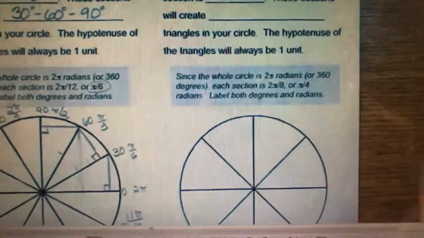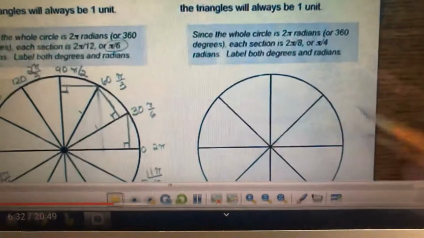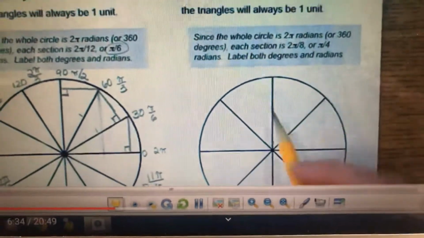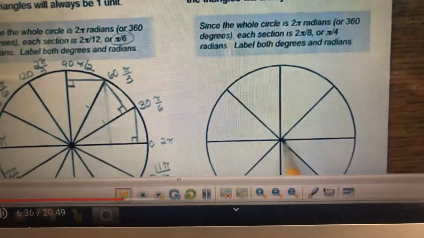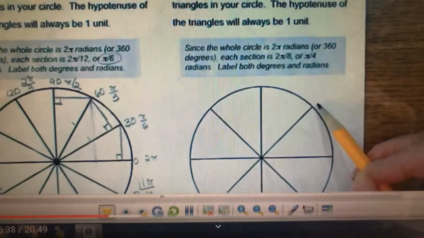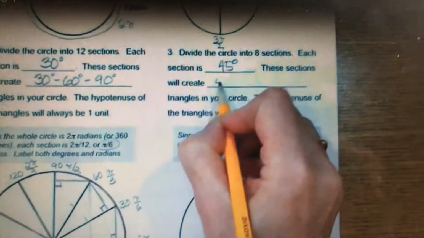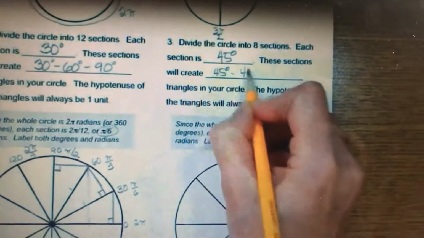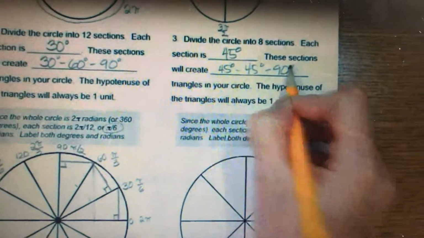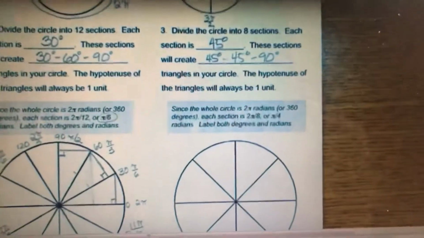All right, let's move on to if we cut it into 45-degree angles. So 8 sections, each is 45 degrees. It's going to create 45, 45, 90-degree triangles.